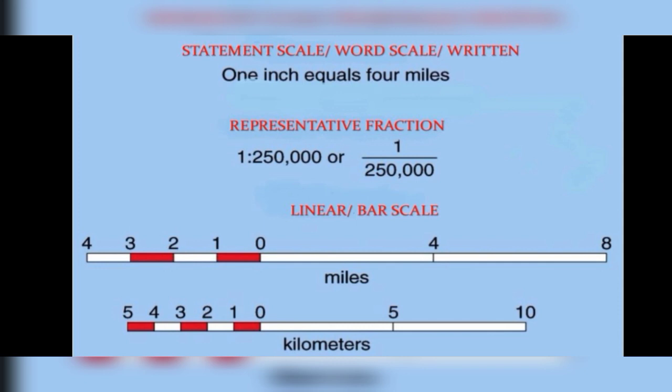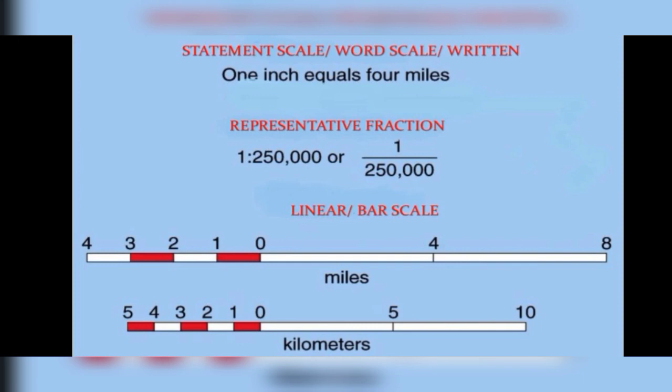It is an easy method to measure the distances on the map. In this method, the scale is stated in words. For example, 1 centimeter is to 2 kilometers. It means that 1 centimeter map distance is equal to 2 kilometers ground distance. This method is not very popular as it does not give the accurate measurement.